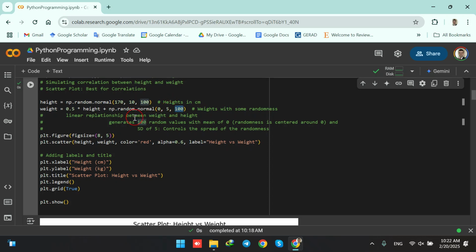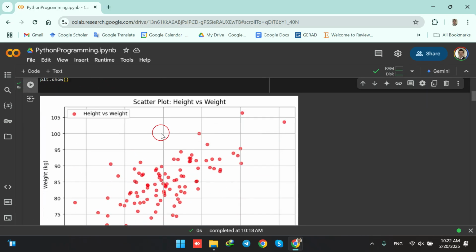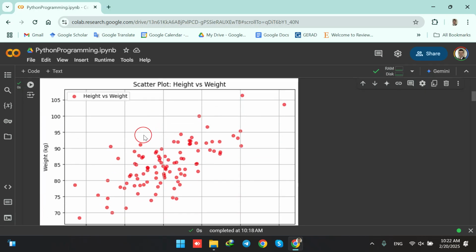And also here we have a mean of 170 with a standard deviation of 10, and we have 100 heights generated. We have the size, and we are plotting our scatter plot, height, weight, color, alpha, which is the transparency, and the label. And we are showing the grid as well, so we use the grid function and set it to True.